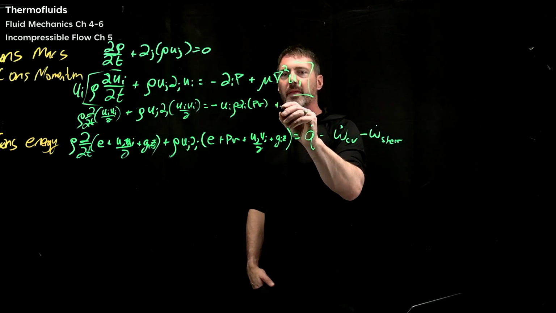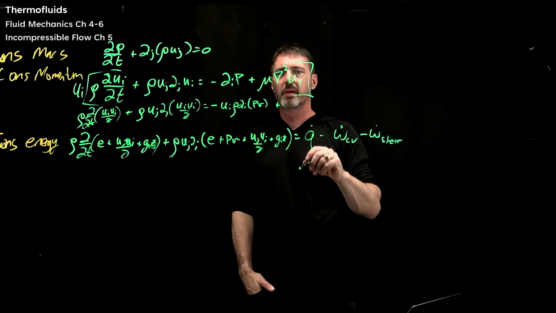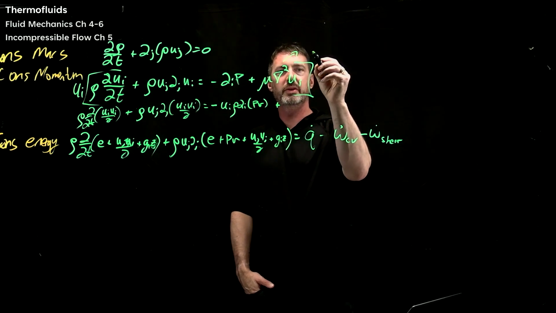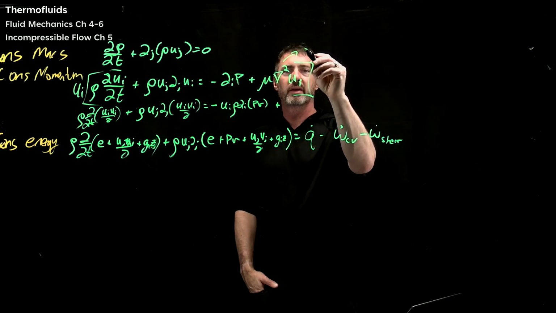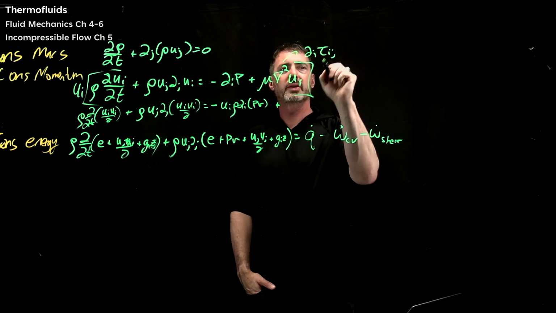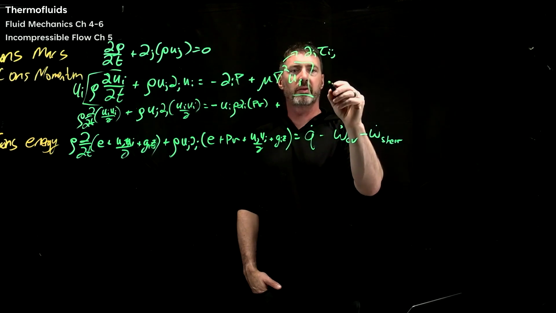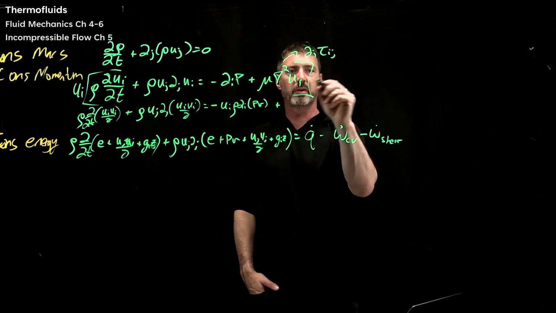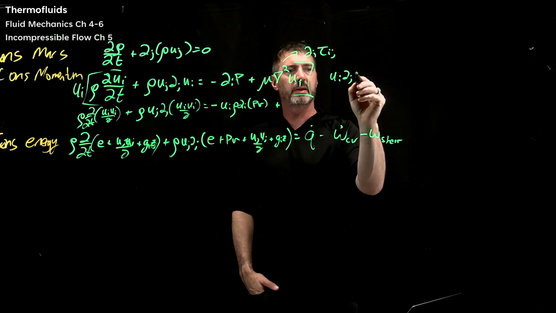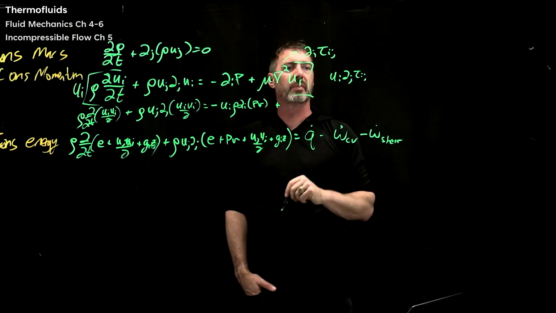Okay, and then this is the shear one. You could remember this equation as del j tau ij. When I'm dotting the u into it, you can see this as ui del j tau ij.